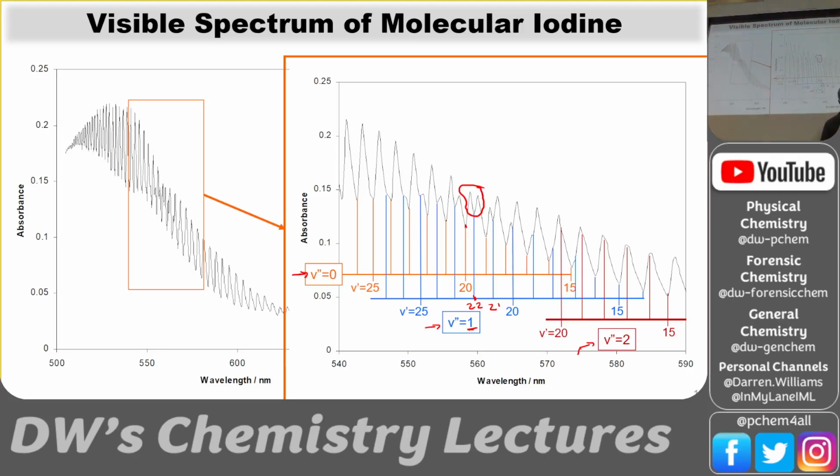This V double prime equals 2 series is coming in, strong peak, and then this is a very weak transition from the blue right here, and so most of this peak is the 2 to 17 transition, but there's a very weak 1 to 15 on there, and so there's a little wiggle right there. So that's the red one, and there's a little wiggle right there.